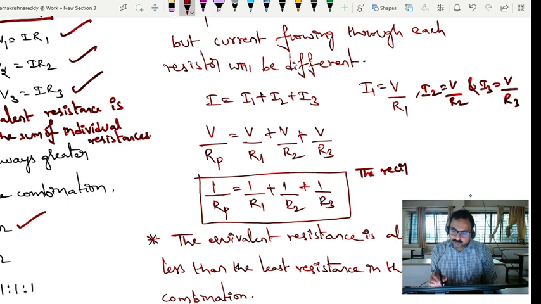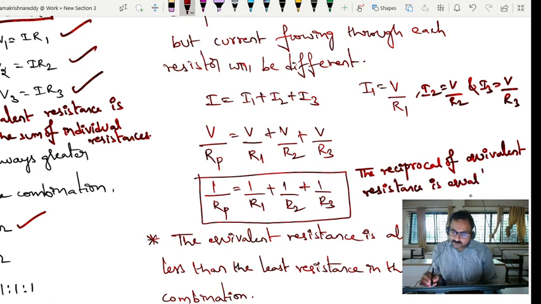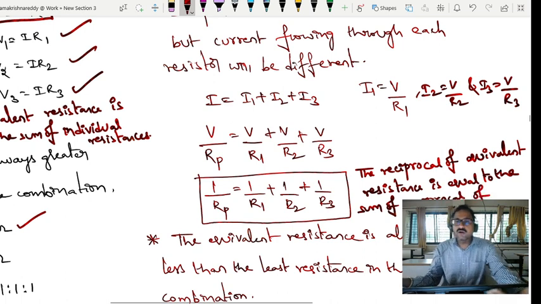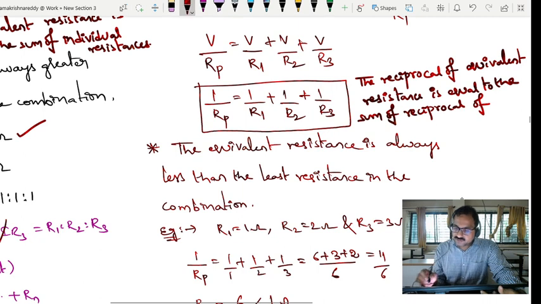The reciprocal of equivalent resistance is equal to the sum of reciprocals of individual resistances. So 1 by R1 plus 1 by R2 plus 1 by R3.